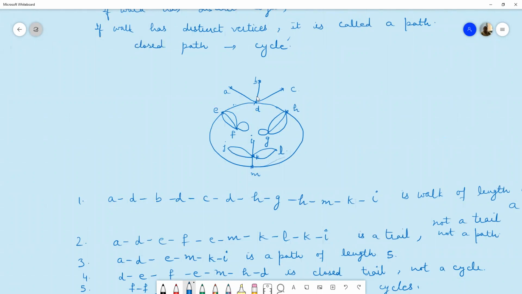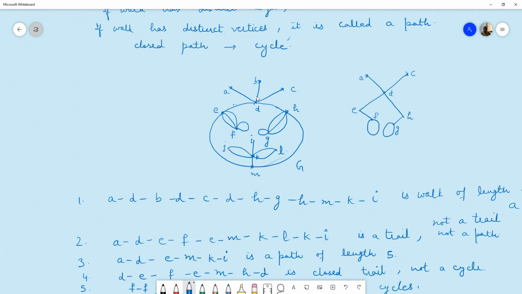Now in this graph, if we take only this much portion, now if we take this to be graph G, and this is our D, C, A, E, H, then this vertex is G, this is F. So if we take only this much portion of graph G, then it will be a subgraph which is neither induced nor spanning.